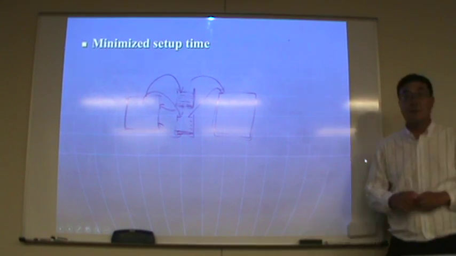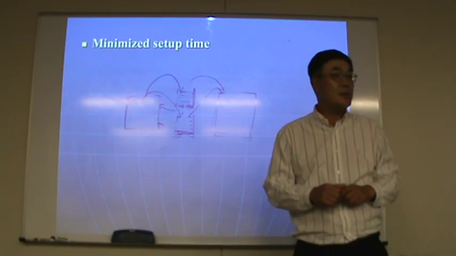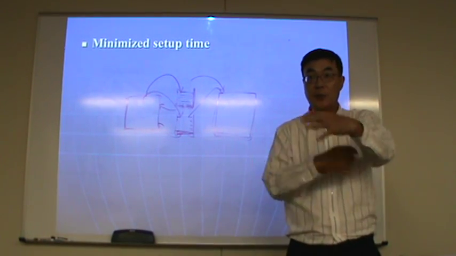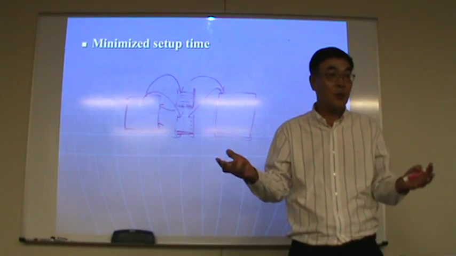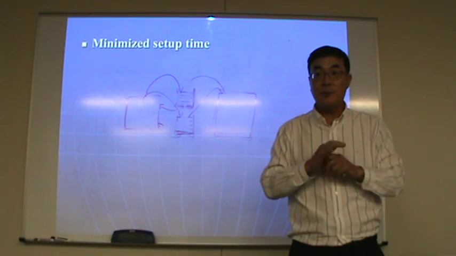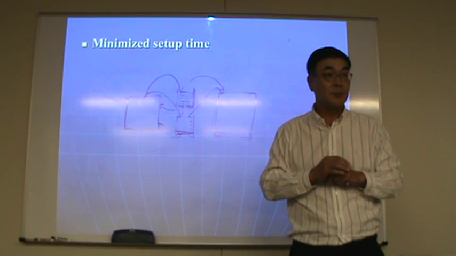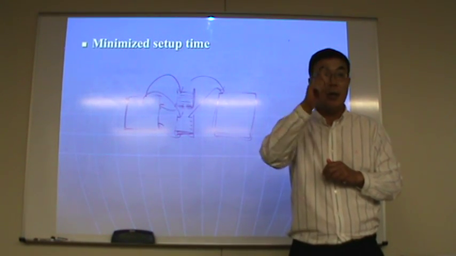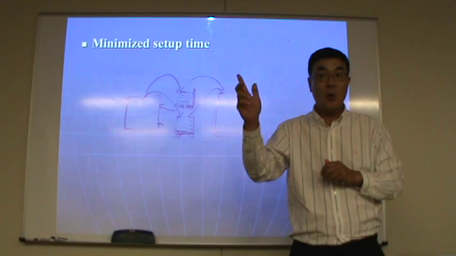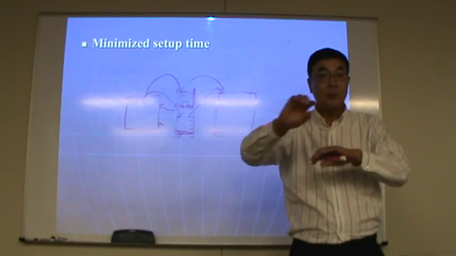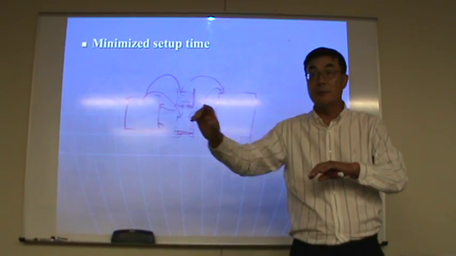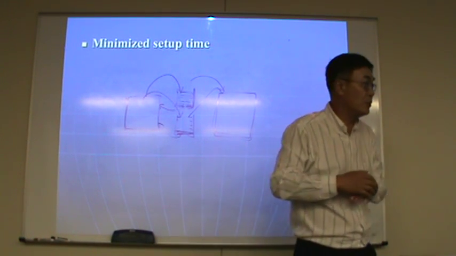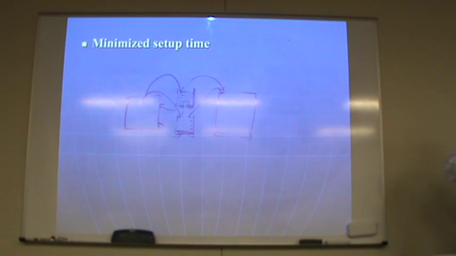Minimize setup time. Setup means the preparing time when we produce something different, right? How can we reduce or get rid of setup time? Scheduling, right? A, B, A, B, A, B, right? Or using a separate process line, a production line. Then we can reduce setup time.